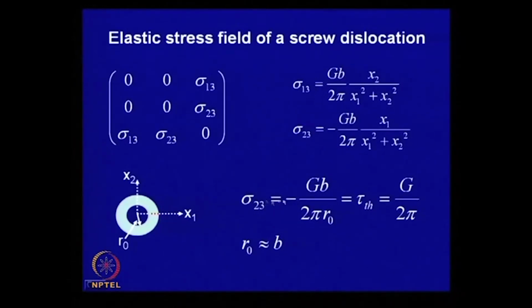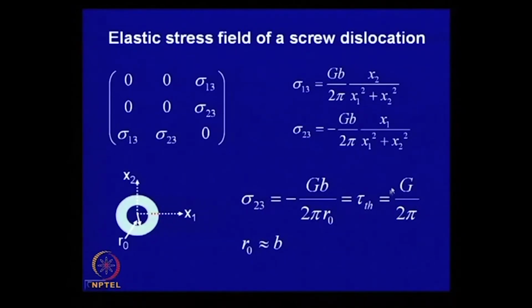And now, it will be interesting to know what the size of the core of this dislocation will be, because within the core the deformation is so large that elastic laws, that is Hooke's law, will no longer be valid. Therefore, within the core we can say that the stress field is equal to the stress field of an ideal crystal.